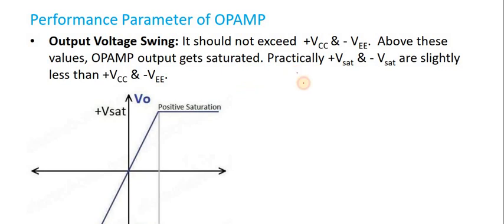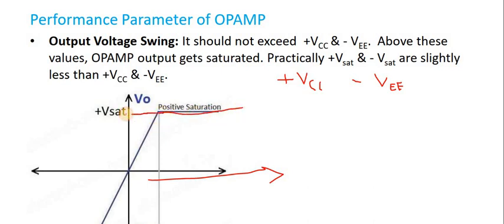Now suppose I have applied supply voltage plus VCC and minus VEE. Your output swing doesn't matter, you keep on increasing your input, but your output will get saturated after some point of time.